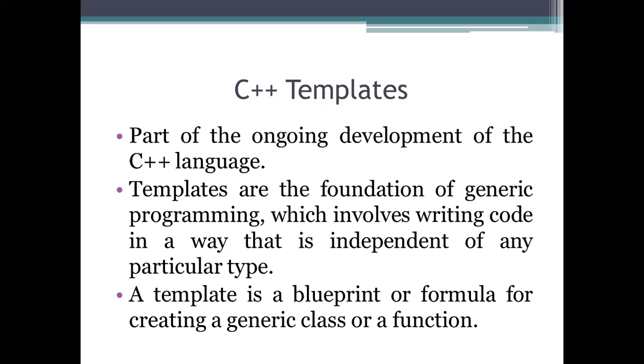To avoid writing these programs in different data types, that is, different functions or different code, we need to handle these considerations using a single code. That means for integers, for float, for char or any data type. It is not only for a particular data type; it is independent of any type you specify.